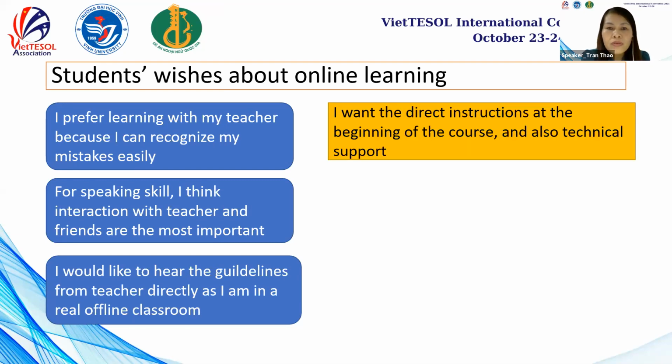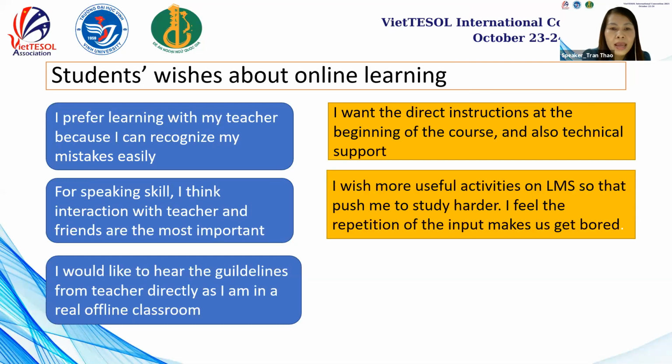On the other side, I also chose the wishes of students about asynchronous learning. The first one: I want direct instruction at the beginning of the course and also technical support. Another: I wish for more useful activities on the LMS to push me to study harder.